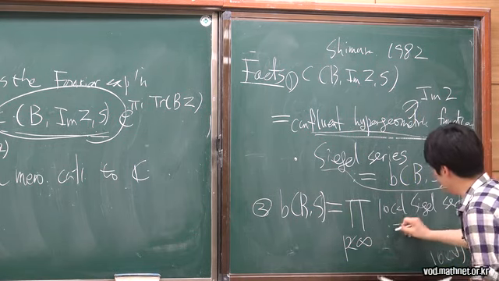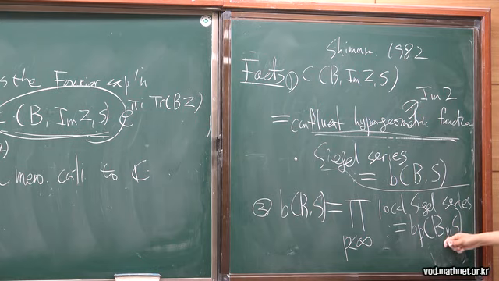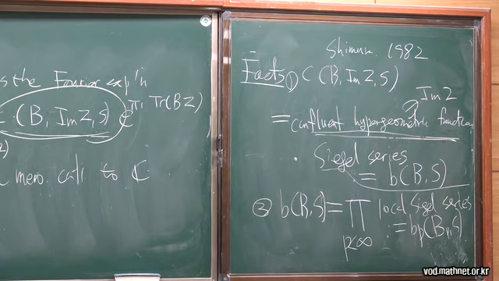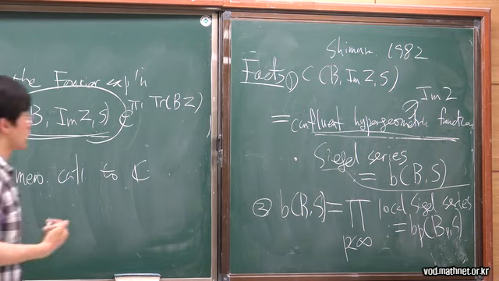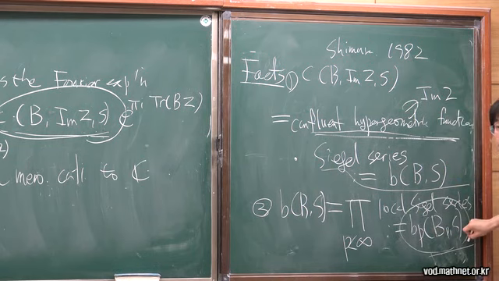Let me denote this by b_P. The notation of B_P is just the localization of the matrix B with Z_P. So these two facts mean that to analyze this Siegel-Einstein series, we only need to understand this local Siegel series. This is the topic of today's talk.